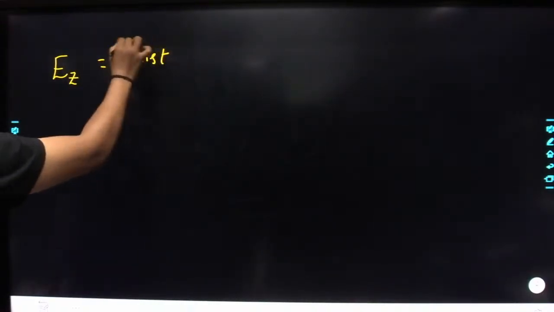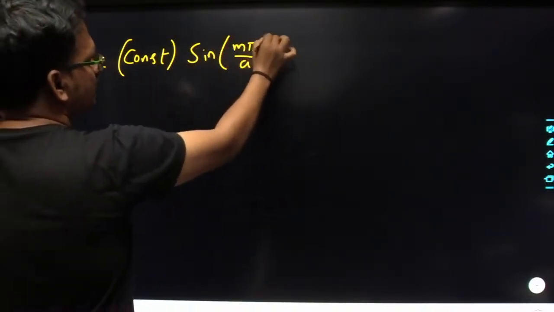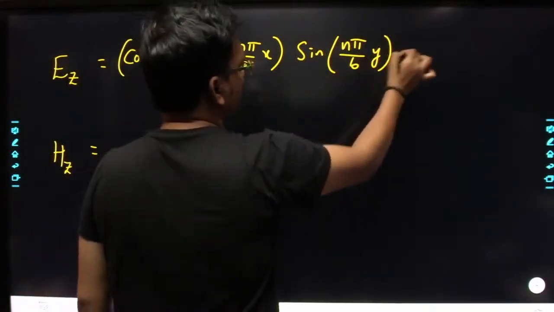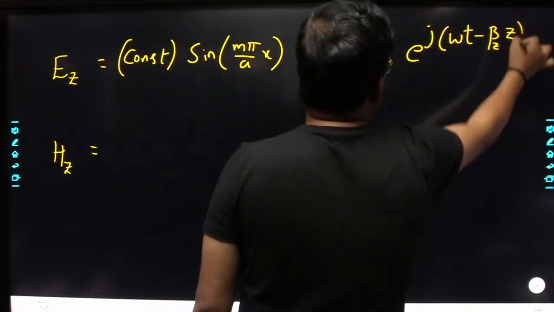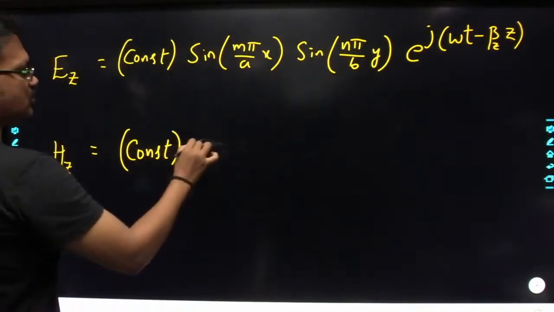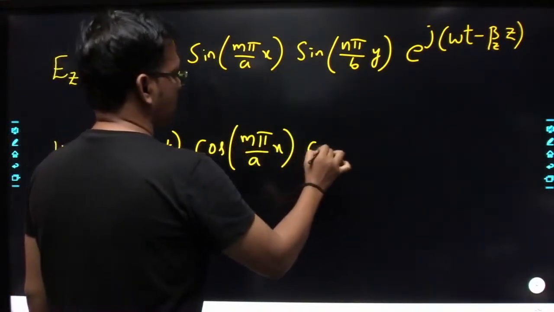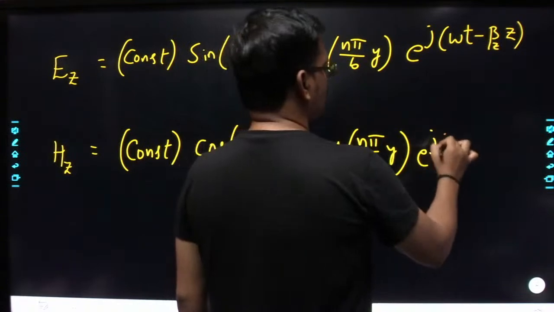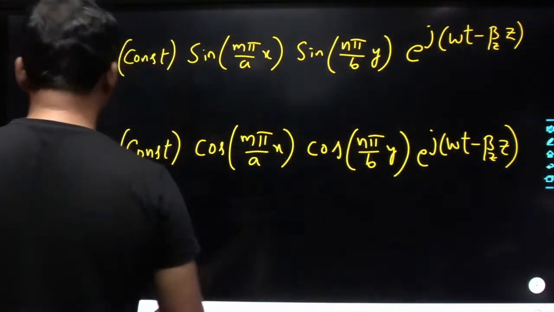We got some constant multiplied by sine of m pi by a into x multiplied by sine of n pi by b into y into e power j of omega t minus beta z into z. Okay, Hz is equal to what? We got some constant multiplied by cos of m pi by a into x into cos of n pi by b into y into e power j of omega t minus beta z into z.